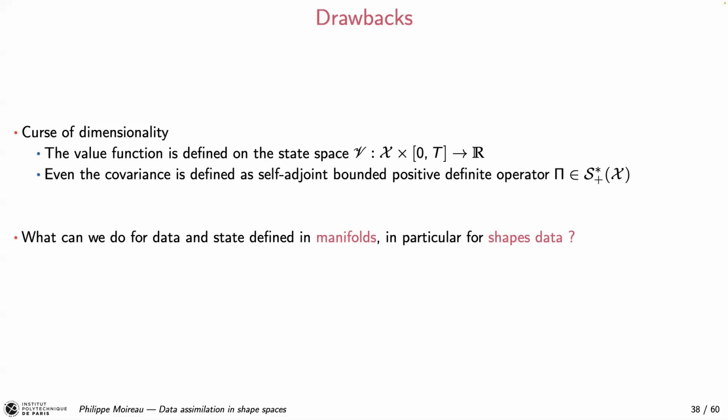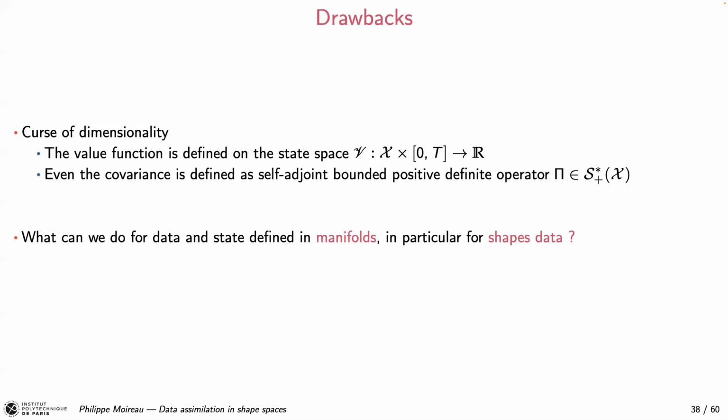So the question is, can we define something on manifolds where we can have enough structure to define something for shapes? Until the beginning of Gael's thesis, what we had done in the team was to try to avoid solving this problem because it was too difficult to solve for shapes.